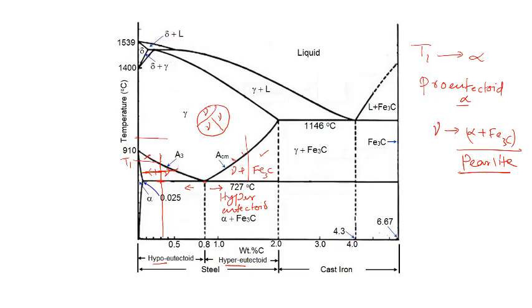Just below this point, just below T1, the pro-eutectoid alpha phase will start nucleating at the boundaries of this austenite phase.